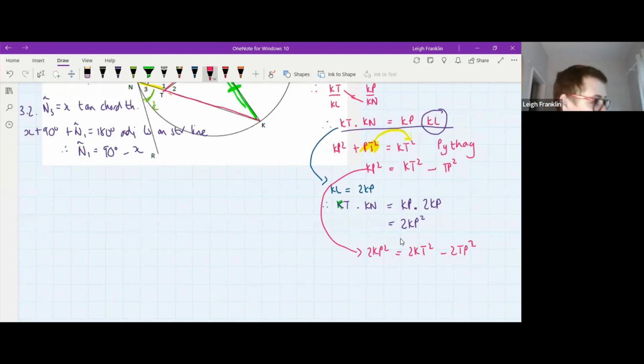Therefore I can now conclude that they are both equal to the same thing. So KT times KN is equal to the same thing as 2 KT squared minus 2 TP squared, which is 2 KP squared. So I can conclude that KT times KN is equal to 2 KT squared minus 2 TP squared.